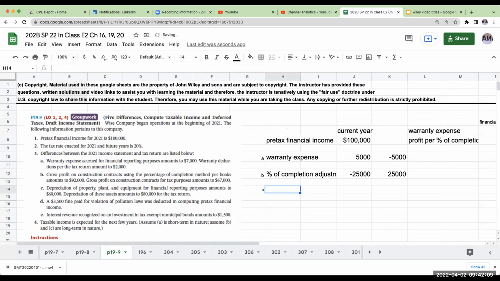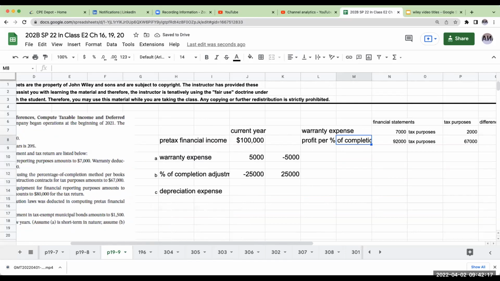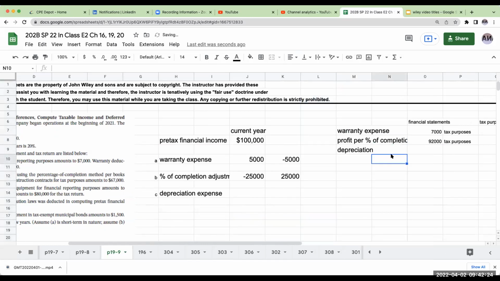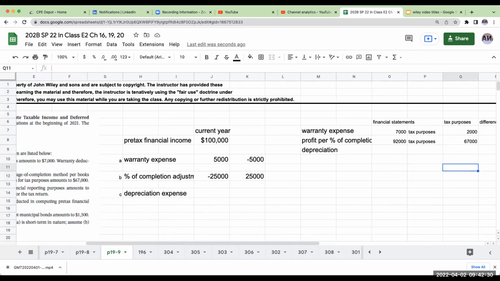Depreciation on property, plant, and equipment. Let's give ourselves a little bit more room, always nice to do. For financial statement purposes, depreciation is going to be 60,000, but for tax purposes, I'm getting a deduction of 80,000.